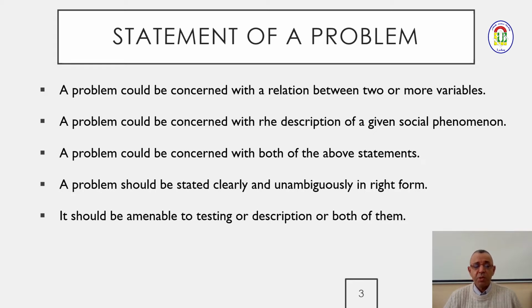A problem should be stated clearly and unambiguously in the right form. This is very obvious. That means when it comes to stating the problem, it should be stated clearly. Generally, when a statement of a problem is produced in written form for novice researchers, master students, technically speaking, we can do that in the form of 3 paragraphs.